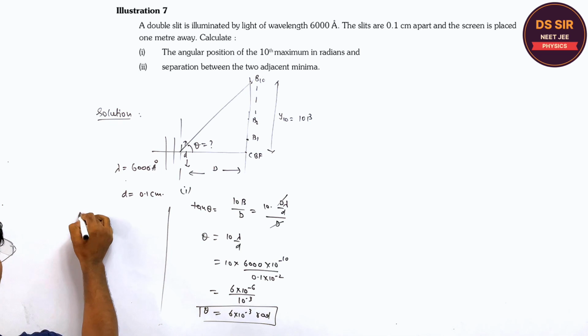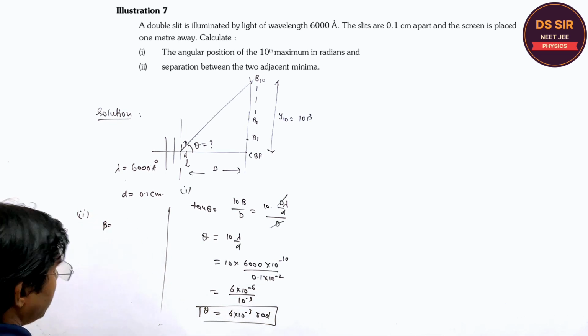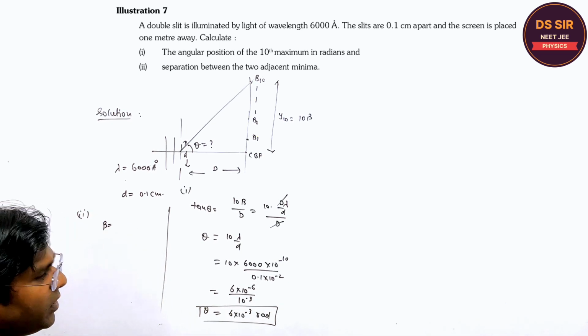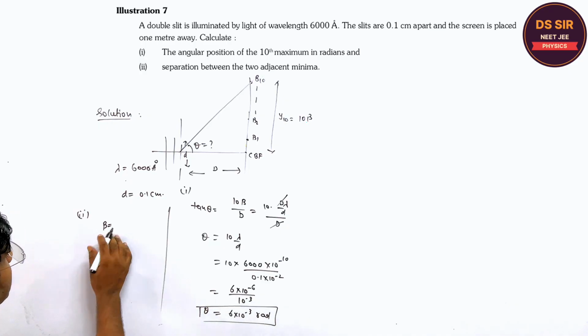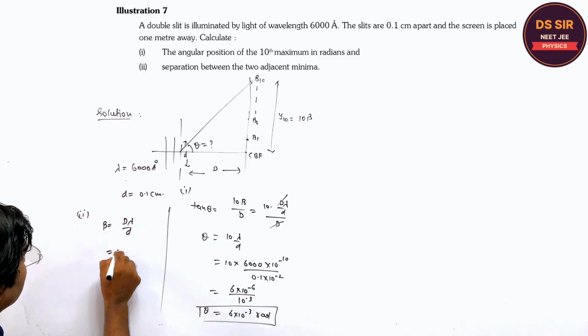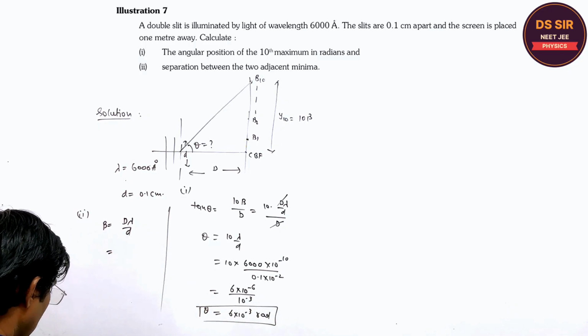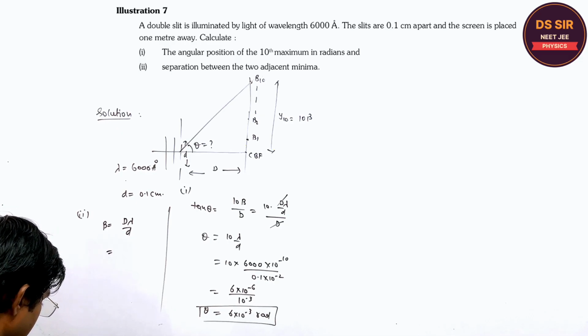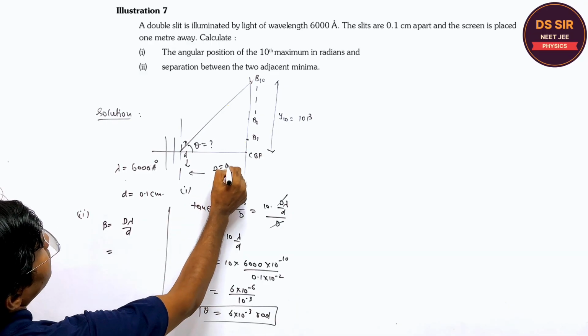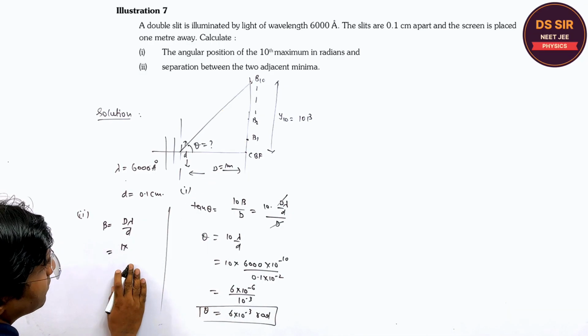What is the second part, you tell? Beta they are asking. The separation between two adjacent minima is nothing but D lambda over d. So separation between two adjacent minima is D lambda over d. What is the D? 1 meter. It is 1 meter. 1 into lambda.